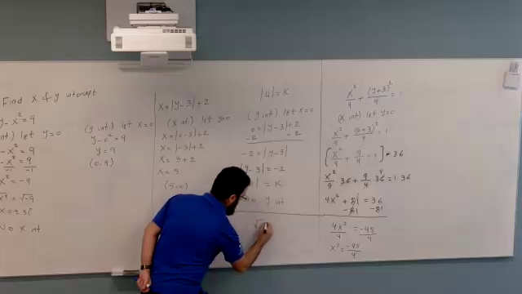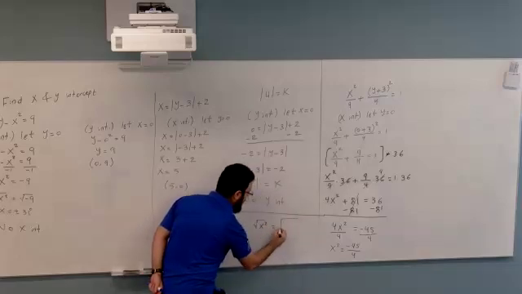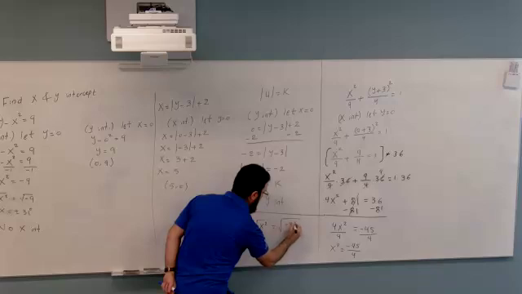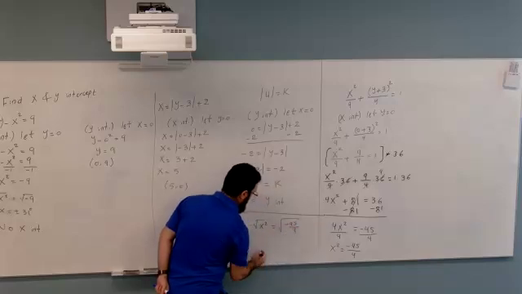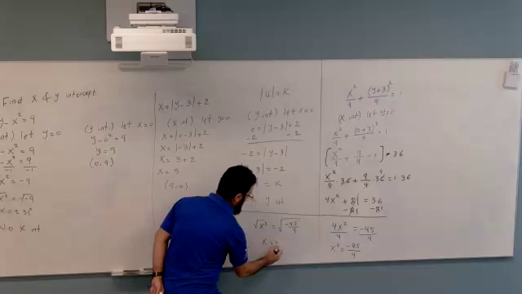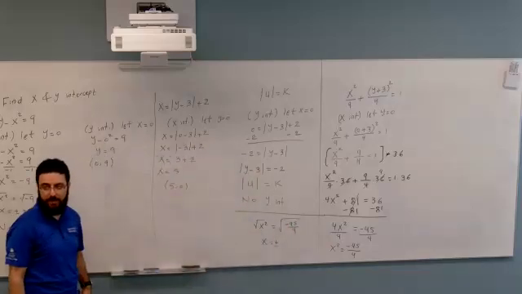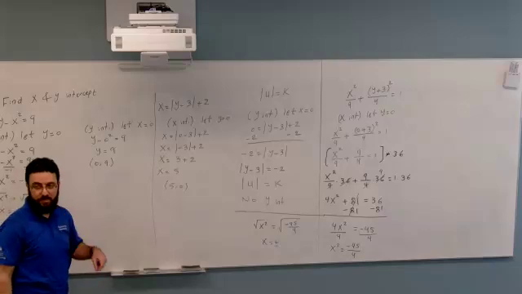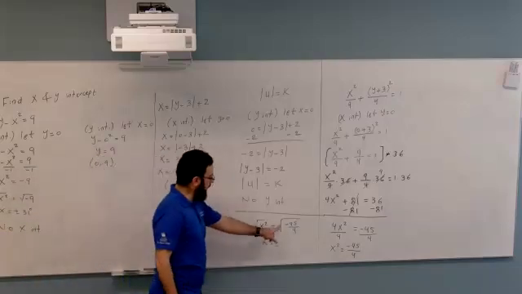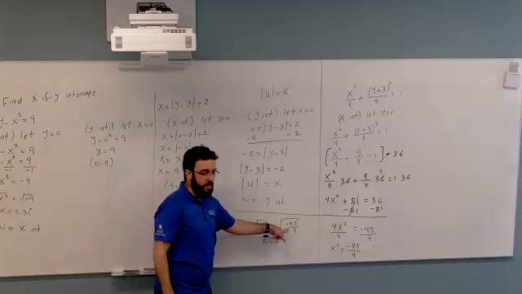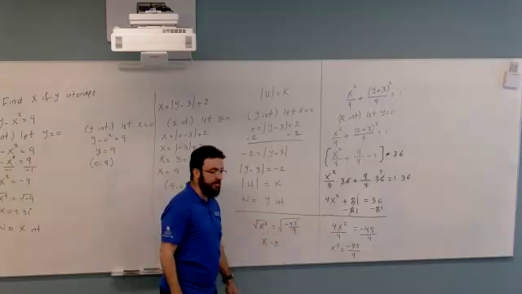The square root of x squared equals the square root of negative 45 divided by 4. This one is x, this one is plus or minus. What's the square root of negative 45? It's a negative sign, right? What's the square root of 45?